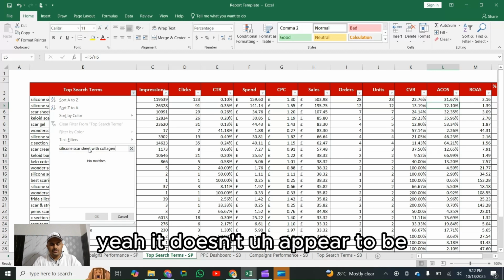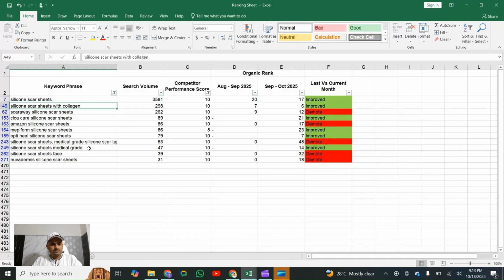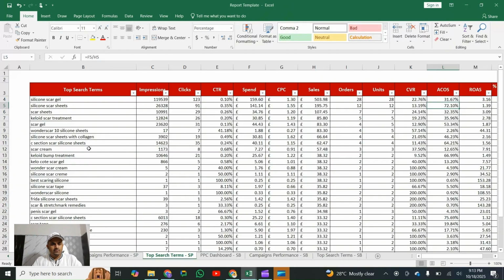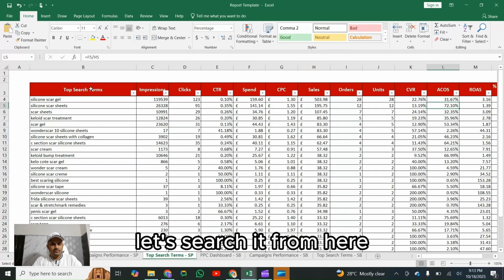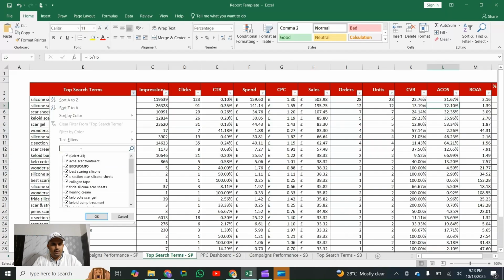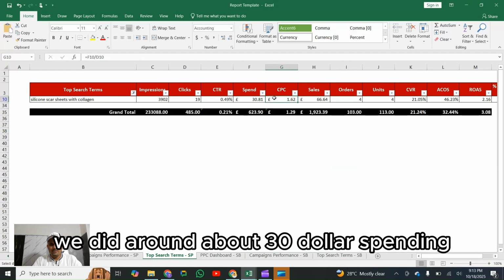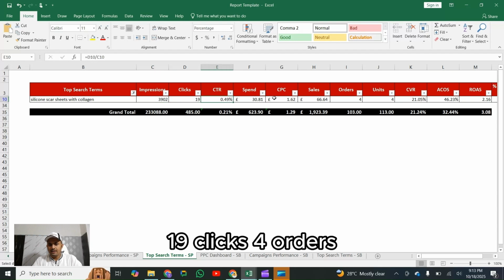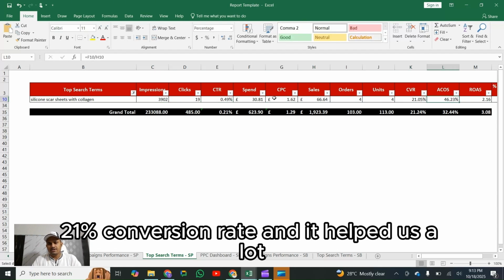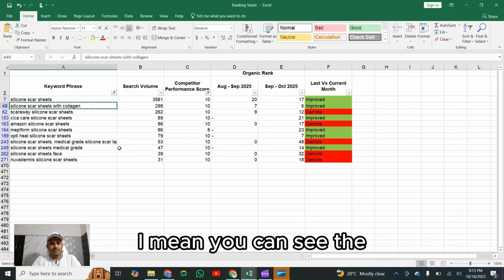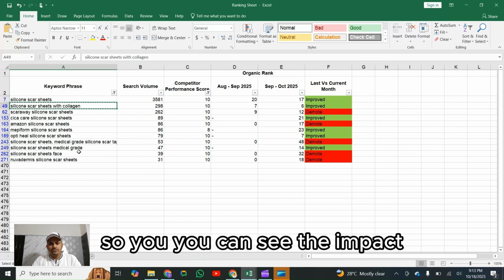Yeah, it doesn't appear to be. So let's search it from here. Copy and paste. I can find it. We did around $30 spending, 19 clicks, 4 orders, 21% conversion rate, and it helped us a lot. You can see the impact.